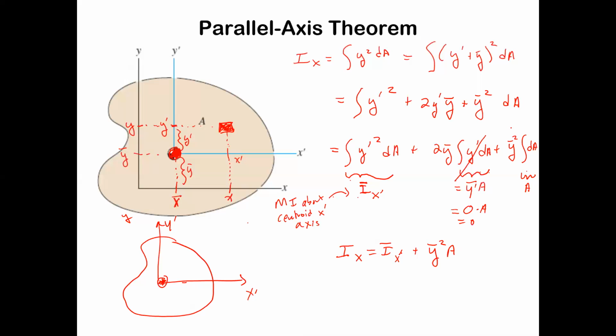Right, that's this term at the end here, y bar squared a. And by the way, the same thing applies for Iy. You can do the same analysis. Iy is also going to be I y prime bar plus x bar squared a. Another thing you definitely got to have on your cheat sheet.